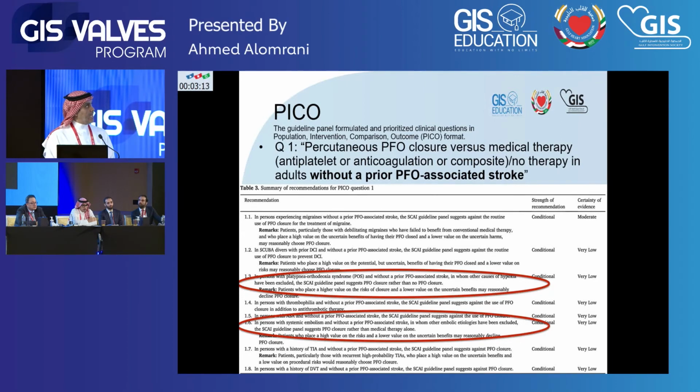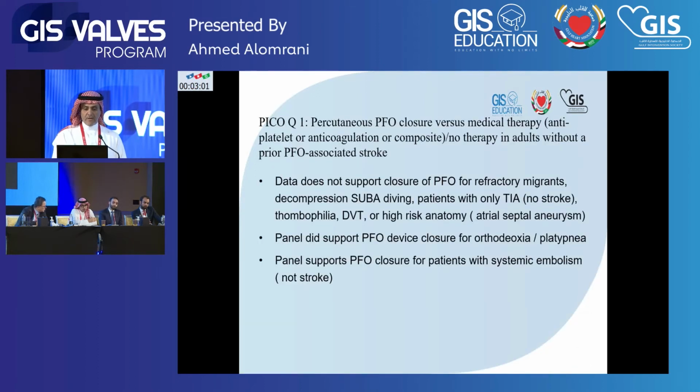But if you look at some, for example, I will just give you what's highlighted here, orthodeoxia syndrome, the guideline actually recommended to go ahead and close it because of the symptoms and because of the collective opinion that we have. So, the conclusion from that question 1: data did not support PFO closure with scuba diving, TIAs with no stroke, thrombophilia or DVT, or high-risk anatomy.